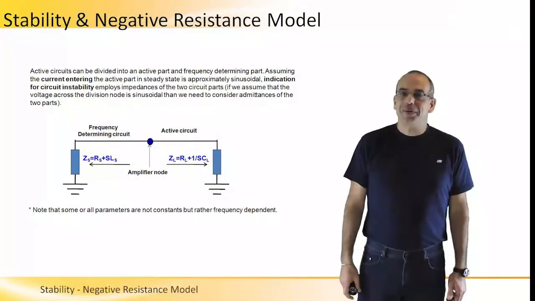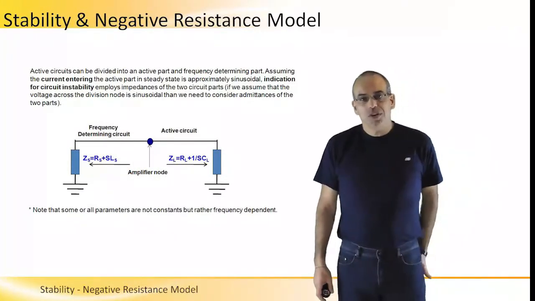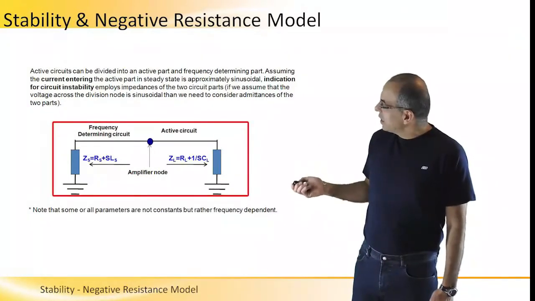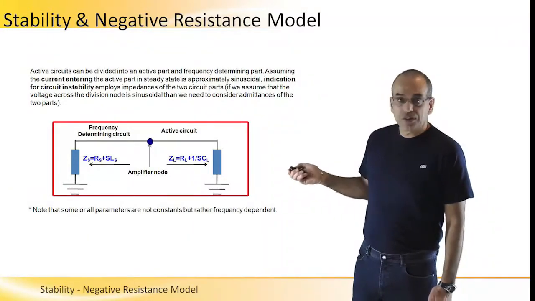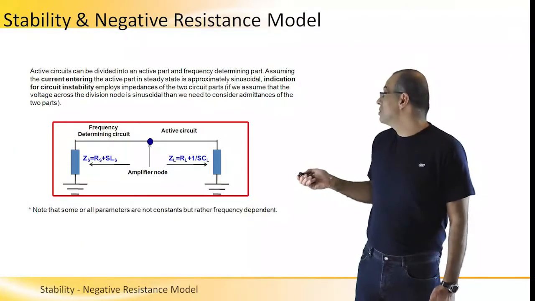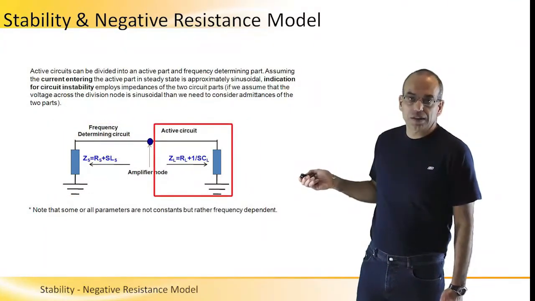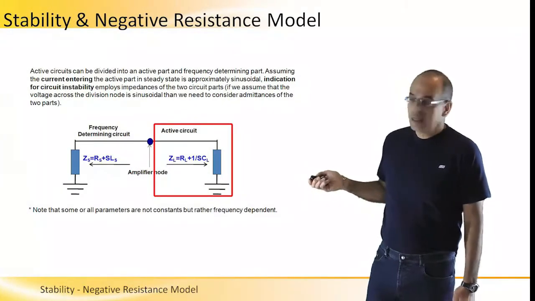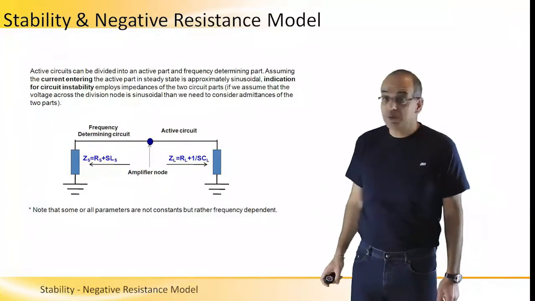Okay, stability and negative resistance model. What this model is telling us is that we can take an amplifier and split it into two parts. One part will be an active circuit. We will look at this as a load, and it will have some impedance of R load plus 1 over S C load, assuming that this active circuit will be capacitive.